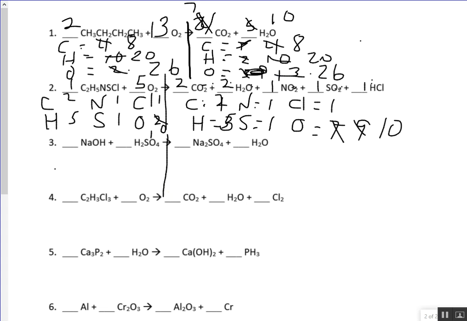All right, over here. Na, O, H, and S. Let's see, did I get everything? Yep. All right, how many Na's? There was 1. How many O's? There's 1 plus 4, so there was 5. H's, 1 here, 2 there, that's 3.